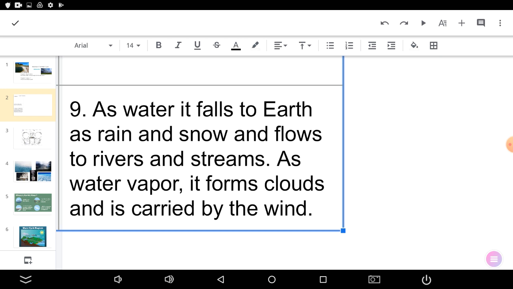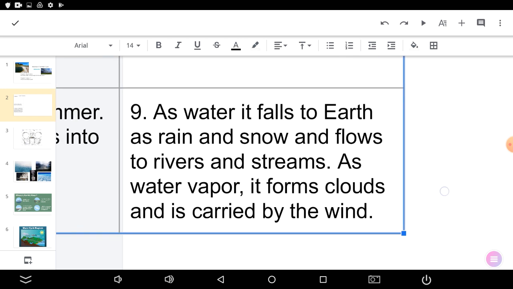As water vapor, it forms clouds and is carried by the wind. You could have said anything about the water cycle and been correct there. You could have said evaporation, arrow, condensation, arrow, precipitation. Questions on that?